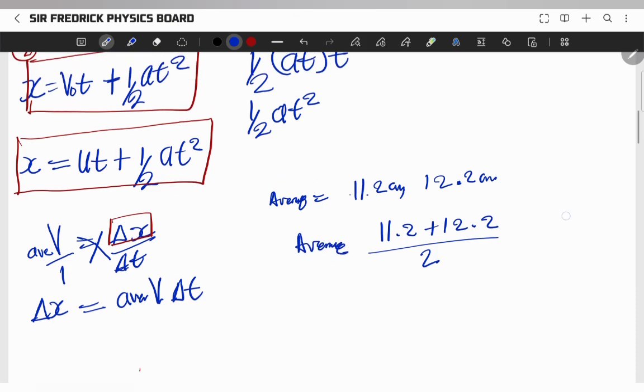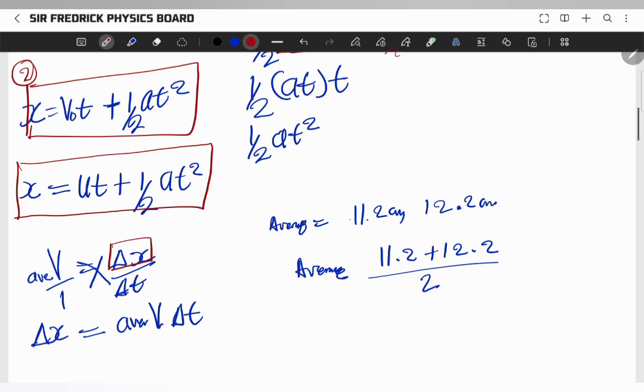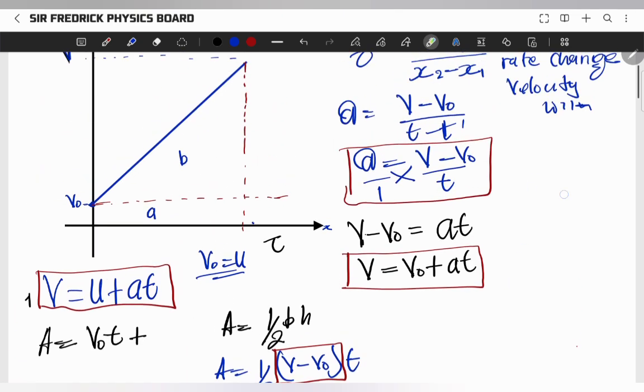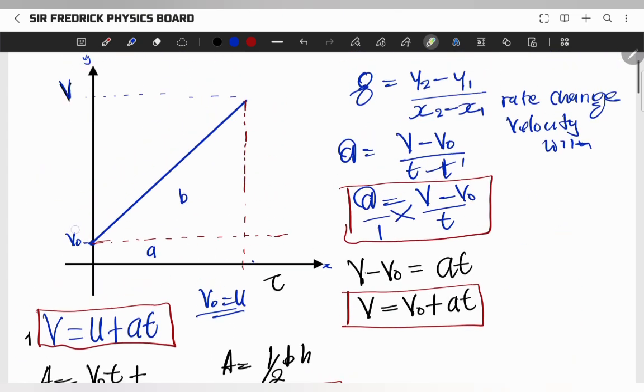Now here we are saying average velocity. So how are we going to find average velocity? If we go back to our velocity time graph, we have this velocity, the initial condition, and we have the final velocity.